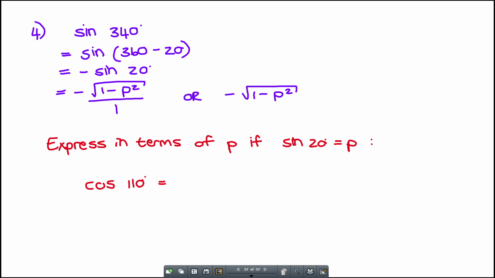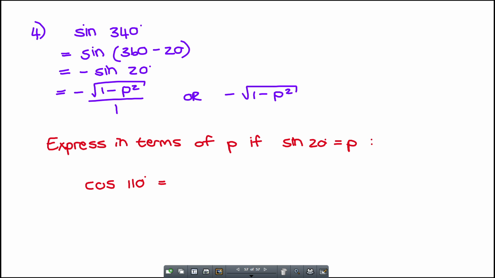Goed, dan gee ek daar vir jou in rooi. Sê ek gaan vir jou, express in terms of p, there's no nuwe sommetjie, né? So I can't use the triangle that we just used. Express in terms of p if sine 20 is equal to p. So dis nou julle nuwe sommetjie. Kyk gou vir my. Verander gou daai cos 110 vir my.